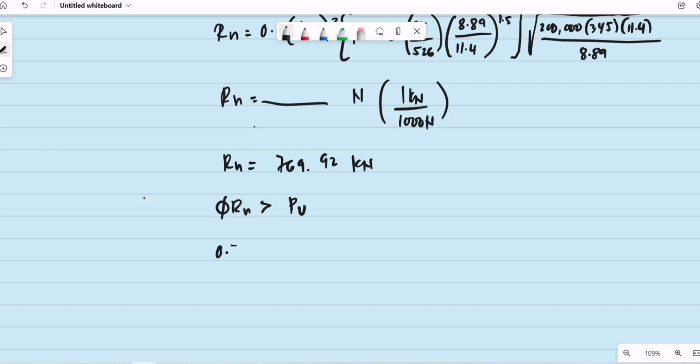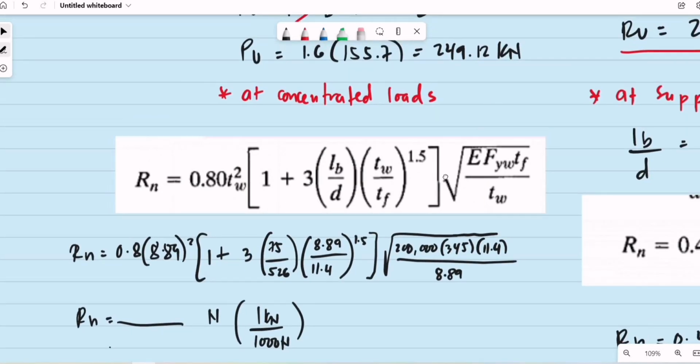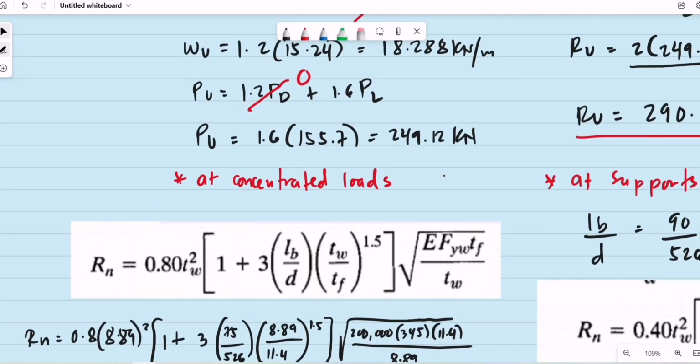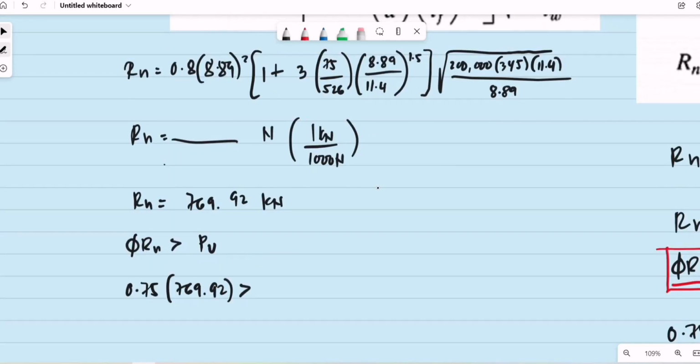Our reduction factor for LRFD is 0.75 of 769.92 kilonewtons. Is it greater than our ultimate concentrated load? The ultimate, or factored, concentrated load is equal to 249.12 kilonewtons.